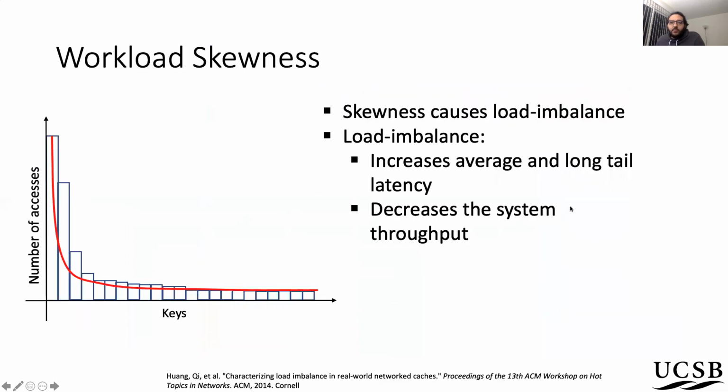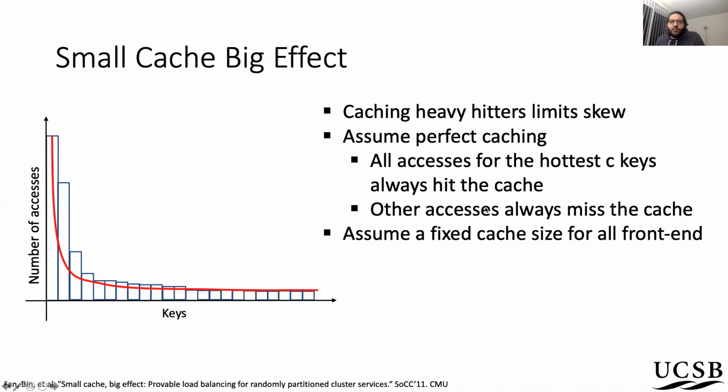However, workload skewness, mainly because there are keys that are hotter, more frequently accessed, than others, causes load imbalance across servers in the caching layer. This results in long access latency and lower throughput. Previous work has proposed having a small perfect cache, where the top C keys are known in advance and cached in the front-end servers, to reduce the load imbalance across caching servers.